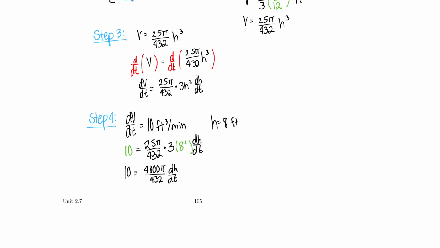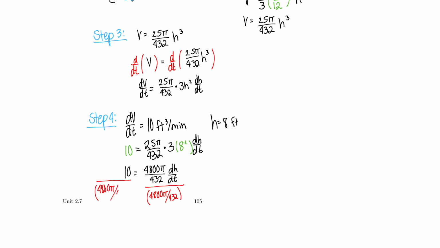To get dh/dt by itself, you're dividing by 4,800 pi over 432 on both sides, or multiplying by the reciprocal.